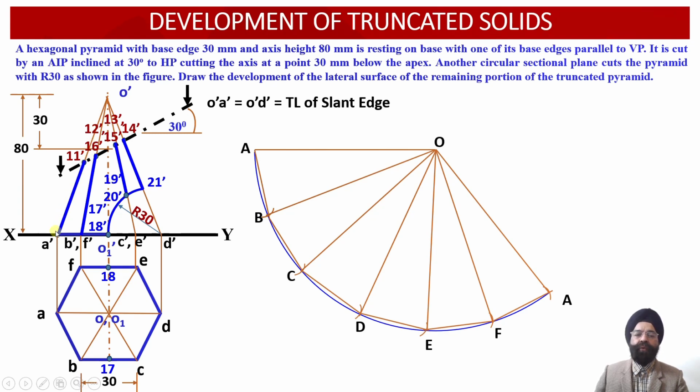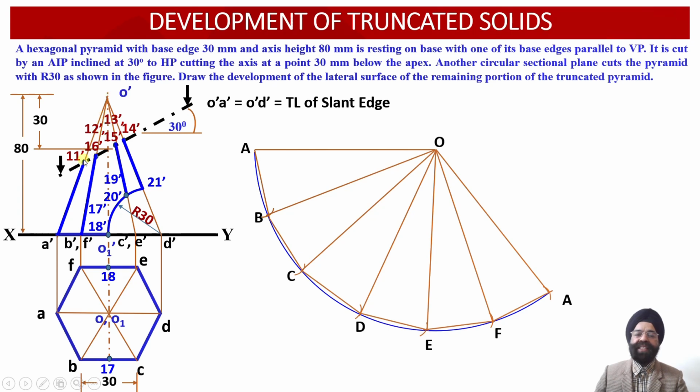Once we measure the distance of O dash and 11 dash, the true length of this point of intersection from the apex has been obtained over here, because this slant edge O dash A dash happens to be a true length. So this distance we have obtained will be the true length of this point of intersection from the apex point O dash.